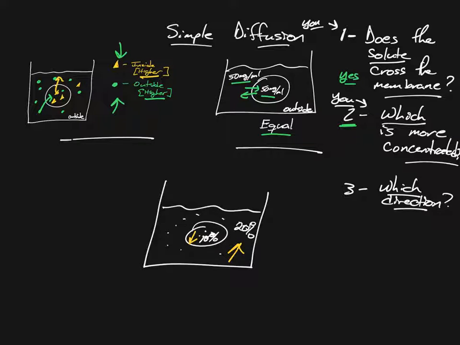Easy, easy peasy. Now answer the question: which direction does it go? From high, which is the 20, to low. You see, it's the same thing that we just did in the other problem.